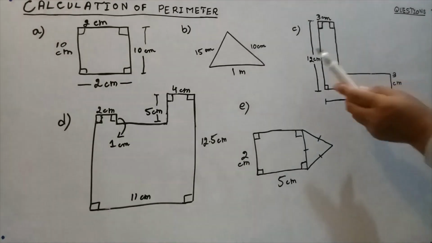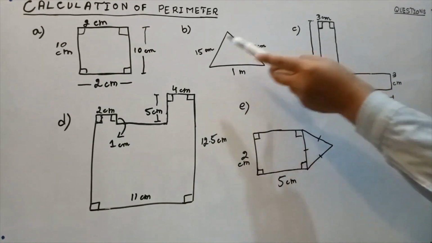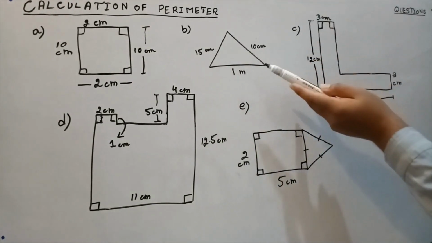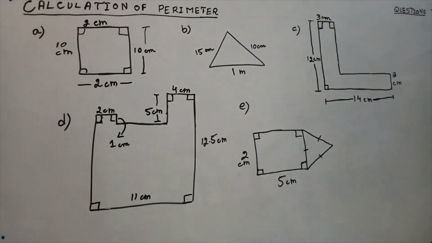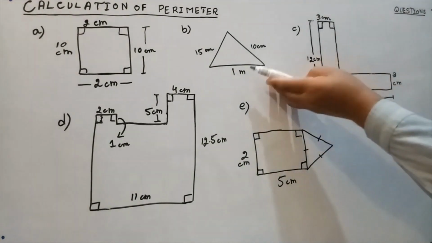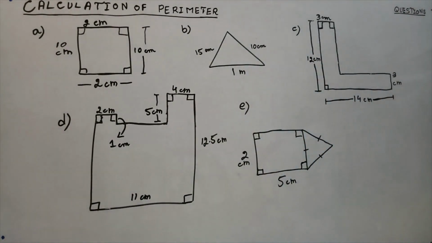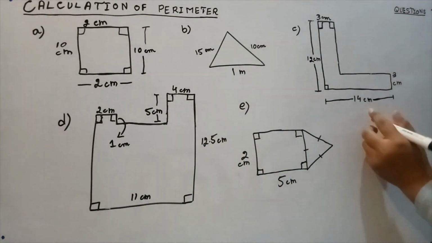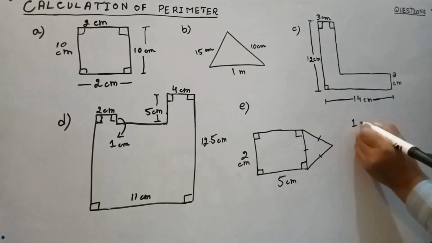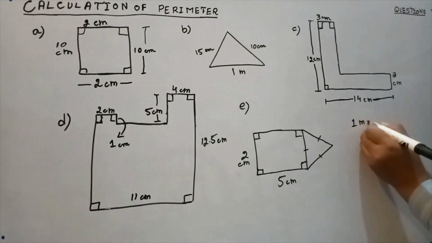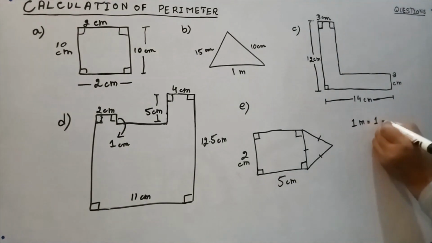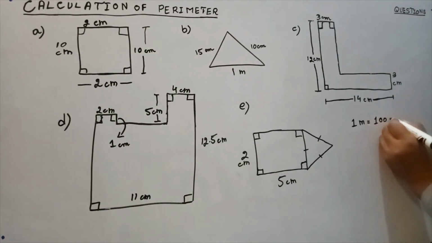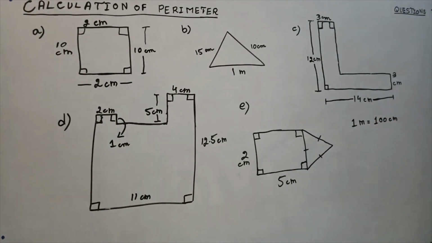It means that I can make these centimeters into meters, or I can make this meter into centimeters. It is easy to make a meter into centimeters. Here we know that 1 meter is equal to 100 centimeters.